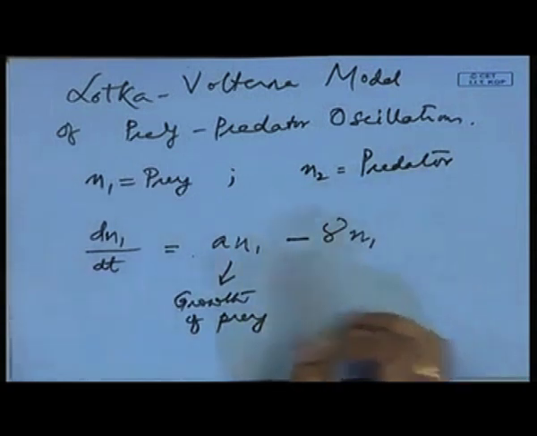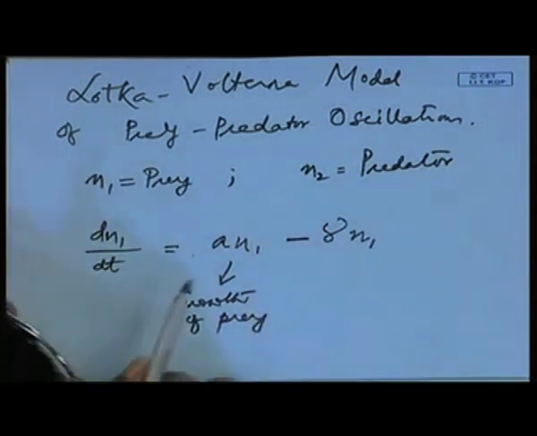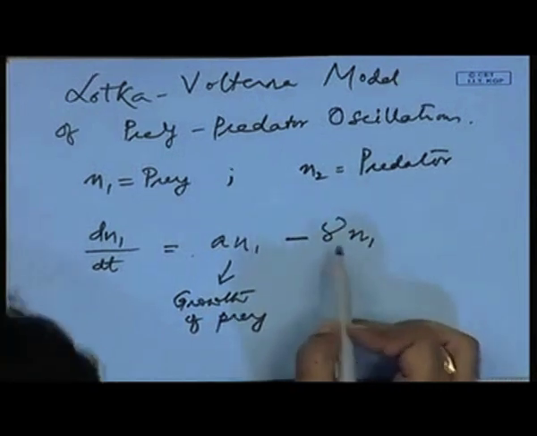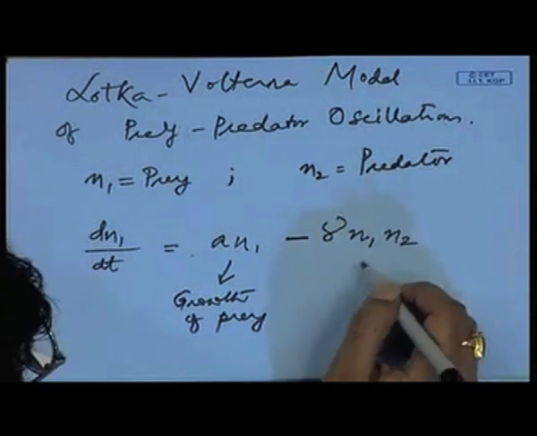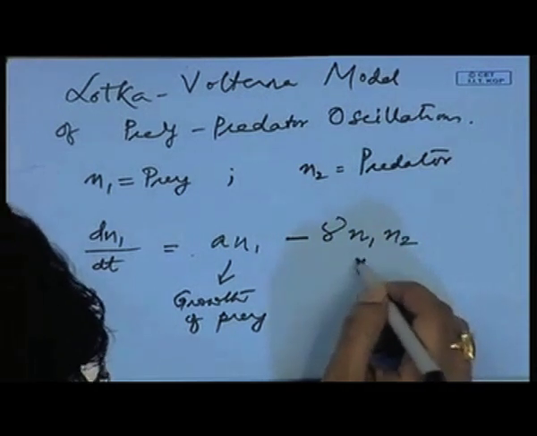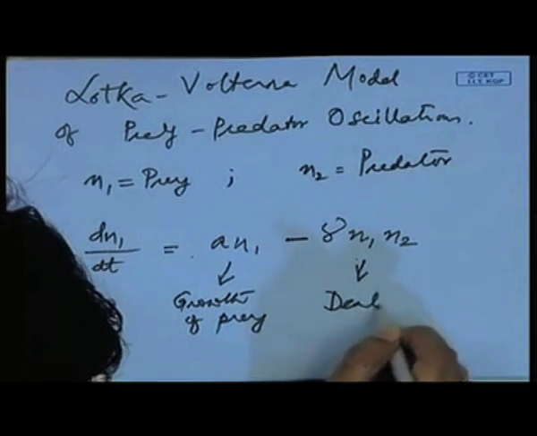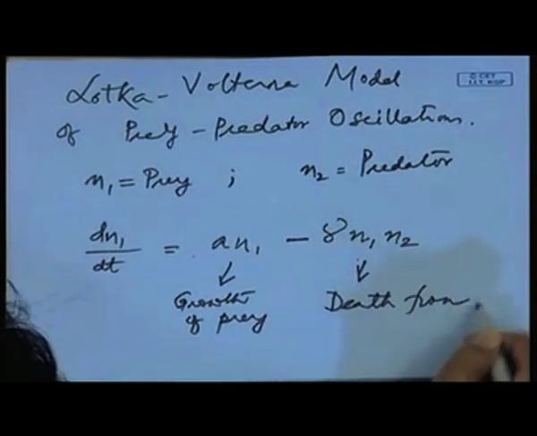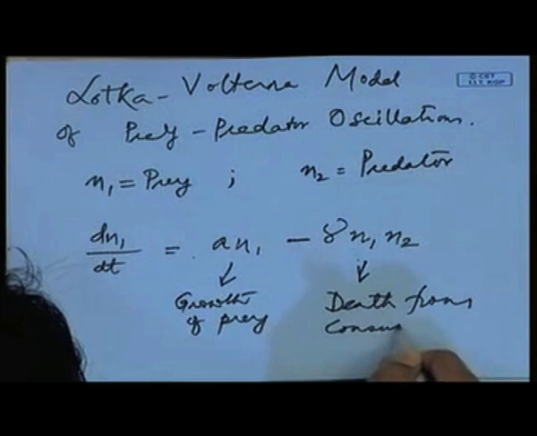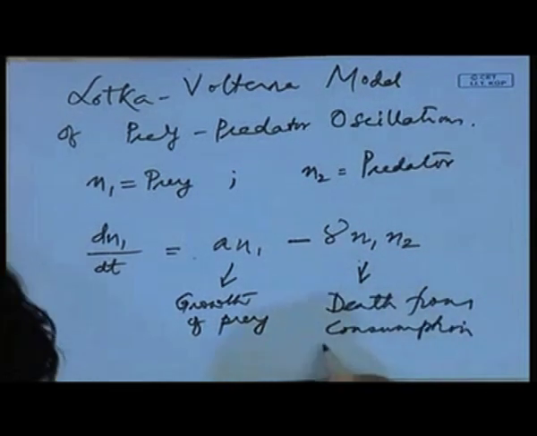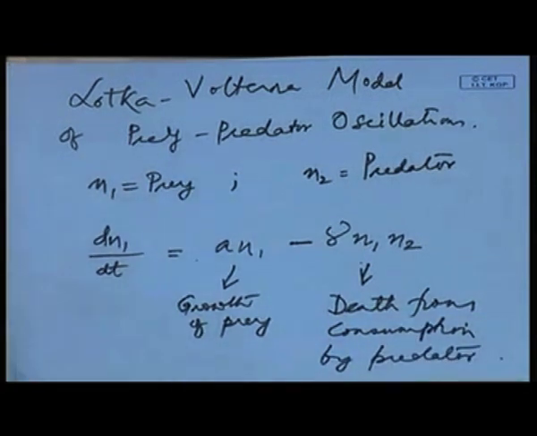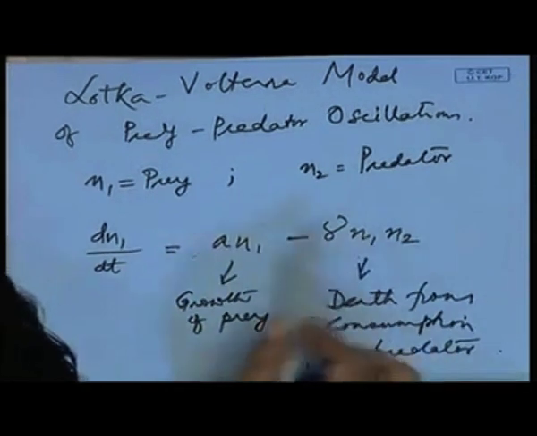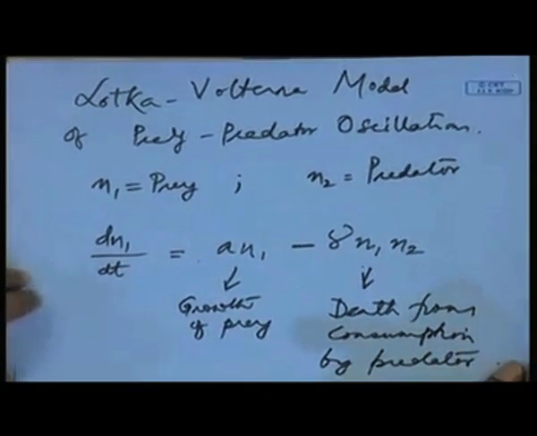Why N1? Because the more the number of prey, the possibility of more prey dying is of course more, and therefore it goes as N1 times N2. This one depends on the predator. Why? Because this is death from consumption by predator. Okay. So, therefore, you have the growth here and the death here, and so this is the first part, that is the balance on the prey.